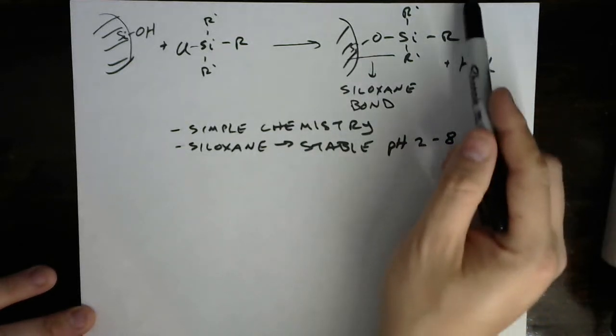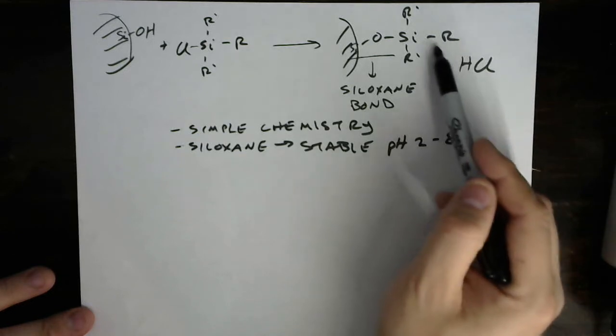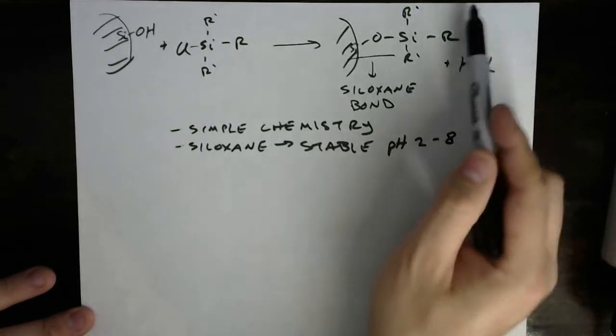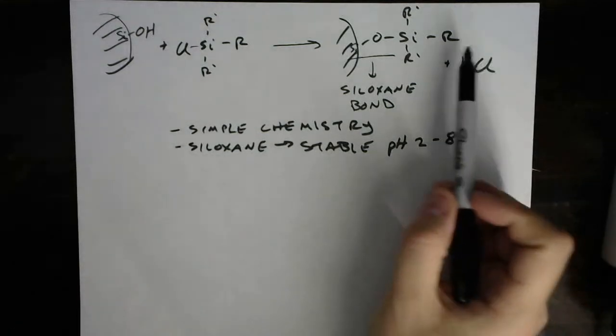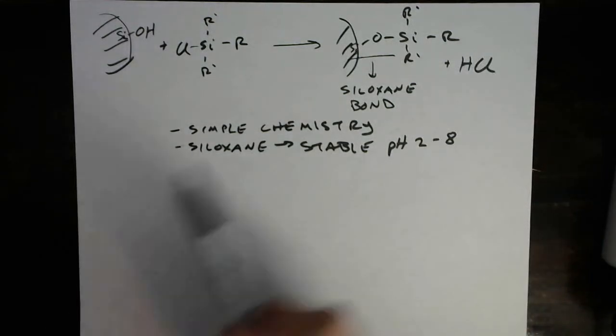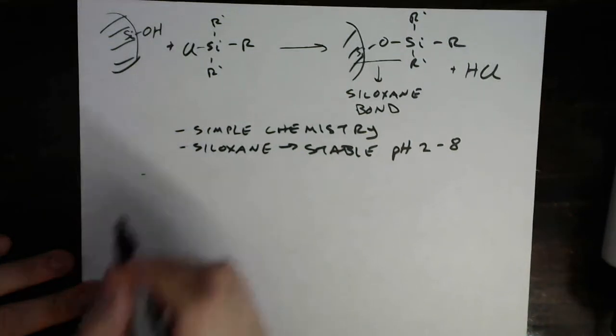So things are going to dissolve in basically whatever functionality is here as group R. And so the first question maybe we should ask is how much organic solvent, or how much whatever solvent this is, how much of this solvent do we get? So let's think about that for a second.